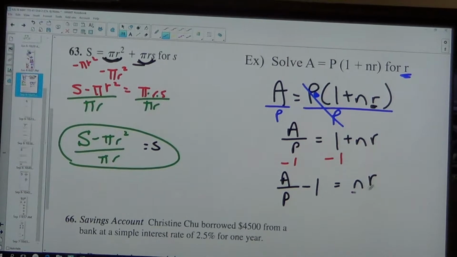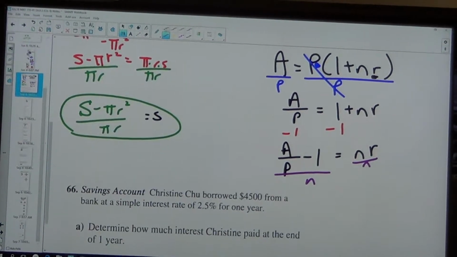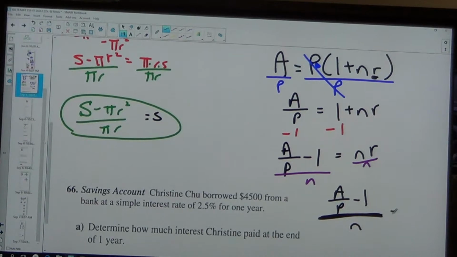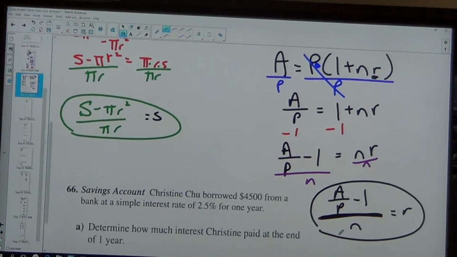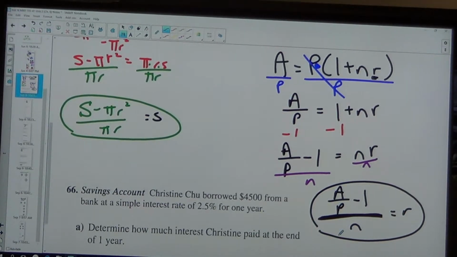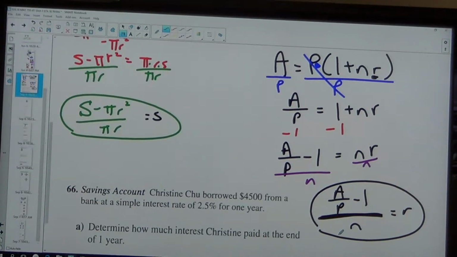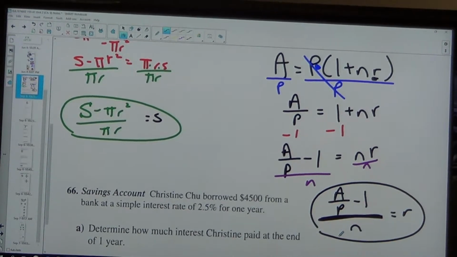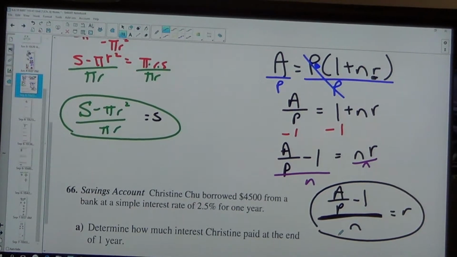Divide. Now, y'all, this looks gross, but it is what it is. It is A over P minus 1 all over N equals R.